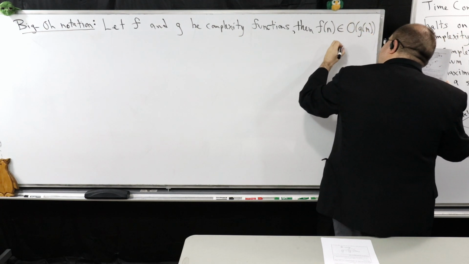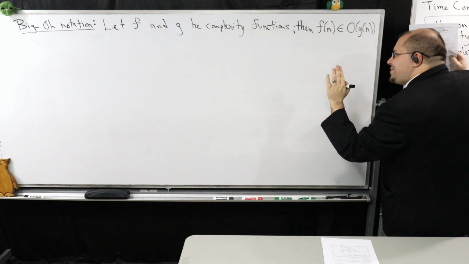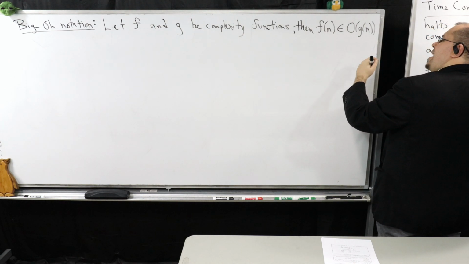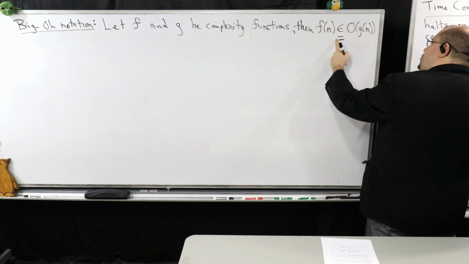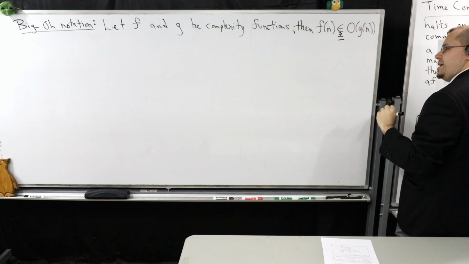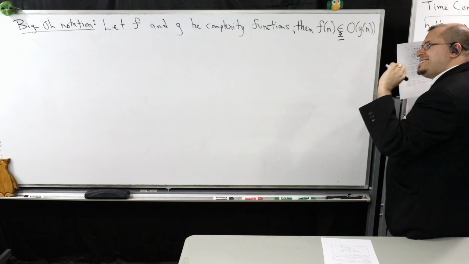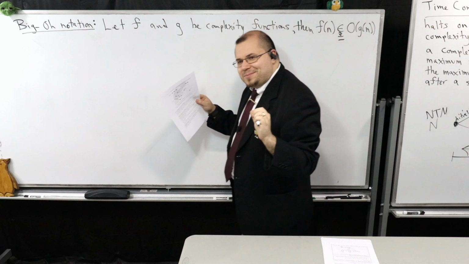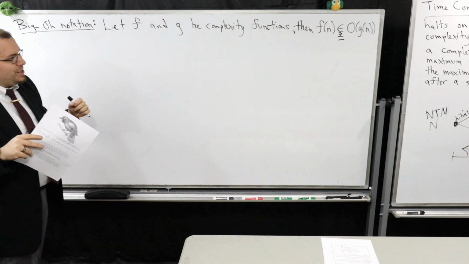I must stress that this is the mathematically correct way of writing this. However, computer scientists use a different convention very often. They use an equal sign instead of this. You can use either one of them right here. This is just because big O dictates actually a set of complexity functions. It actually falls right out of the definition.